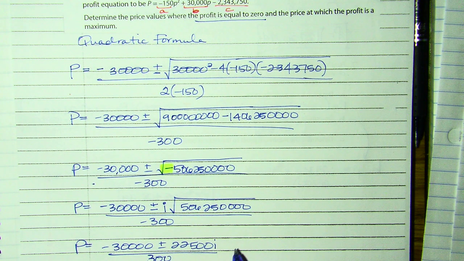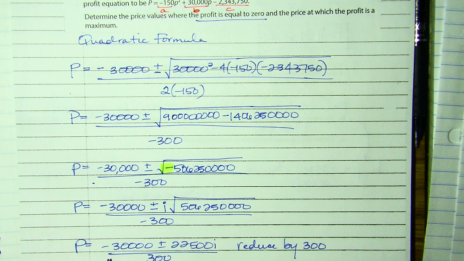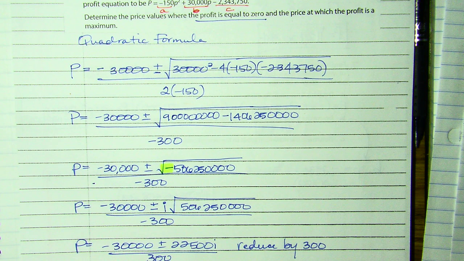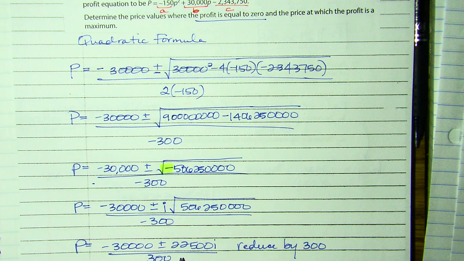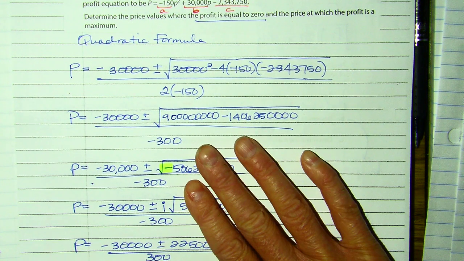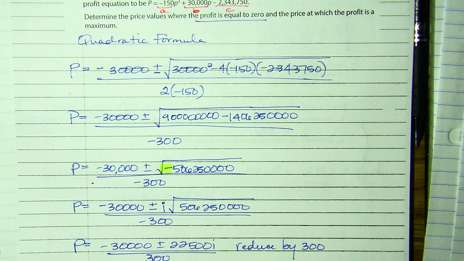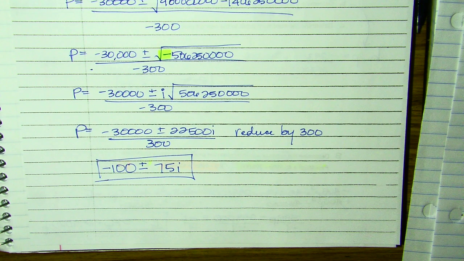Now I'm going to reduce by 300. So negative 30,000 divided by 300 is negative 100. 22,500 divided by 300 is 75i. And so that is my final equation. And you can't see that. Sorry about that. And so that is what I would write for my solutions.